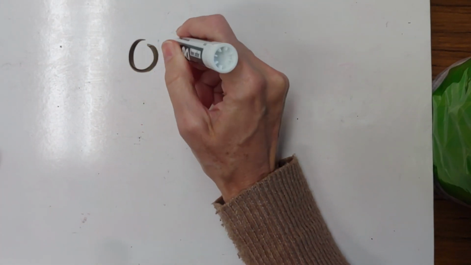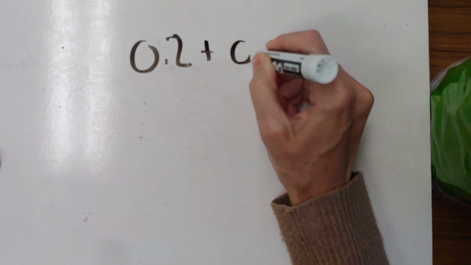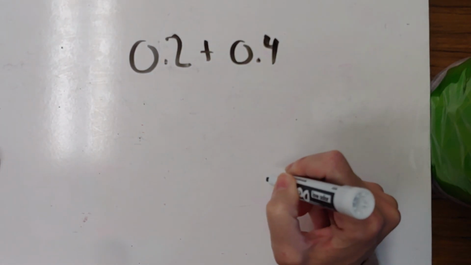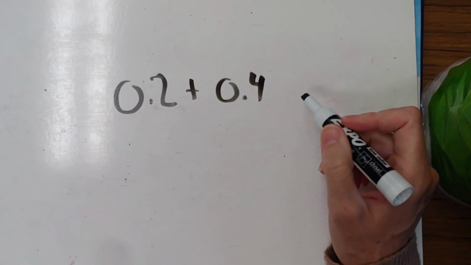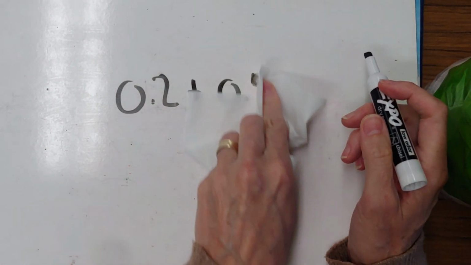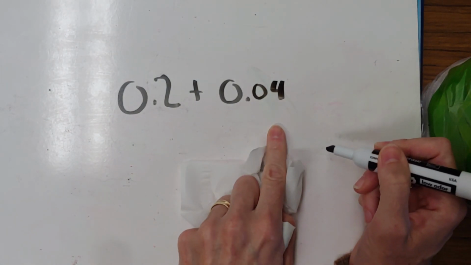For that 4, okay, so we said for the 2, I've got 0.2. Now for the 4, you can't write 0.4 because like we said, that 4 is in the hundredths place, not the tenths place. So you have to put a 0 in the tenths place and the 4 in the hundredths place.